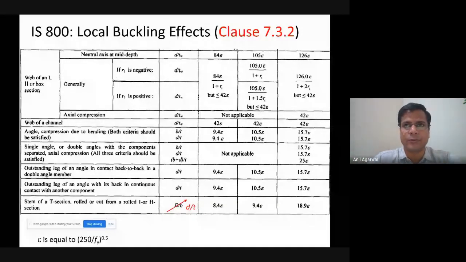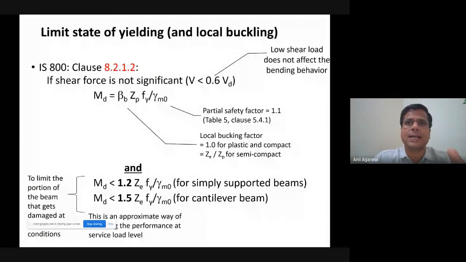Now coming to the design provision. As far as the limit state of yielding was concerned, the possibility of local buckling is inbuilt implicitly, not explicitly, because you have to make sure that the cross section is at least semi-compact. So you may have two types of cross sections as per IS 800. Either you may have a semi-compact cross section, or you may have a compact or plastic cross section.